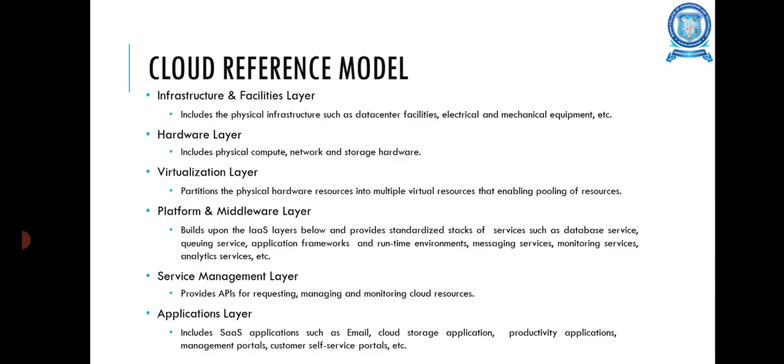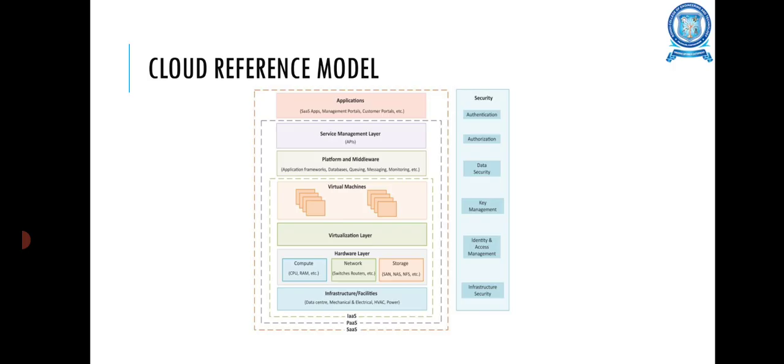The next one is the application layer. It includes software as a service applications such as email, cloud storage applications. These layers are illustrated in this figure. These are some of the cloud reference model layers used in the cloud.